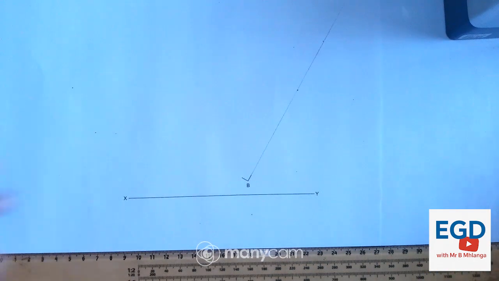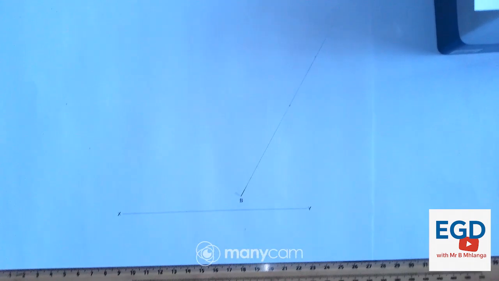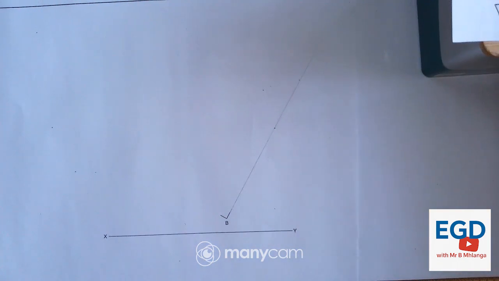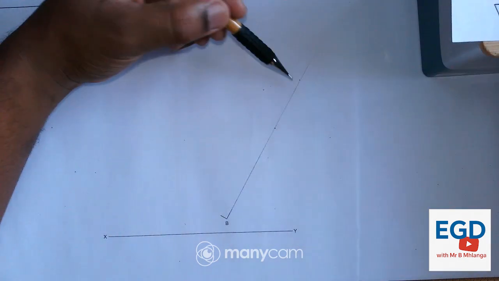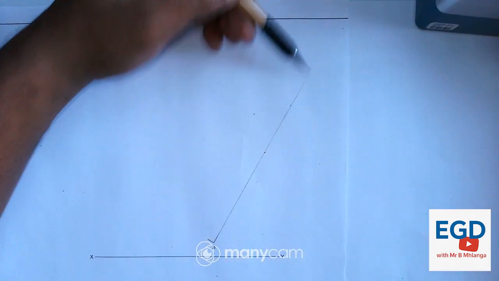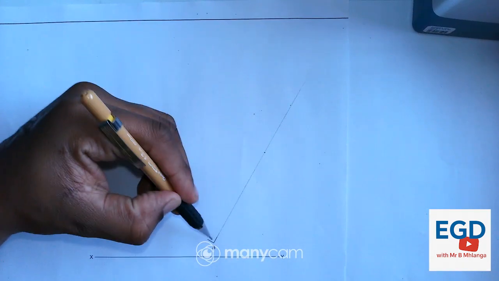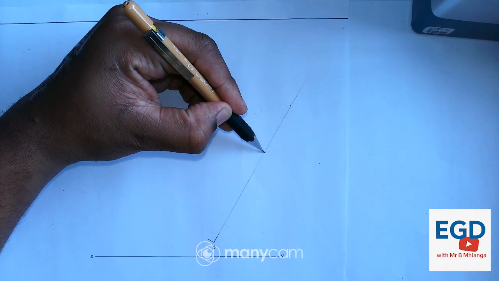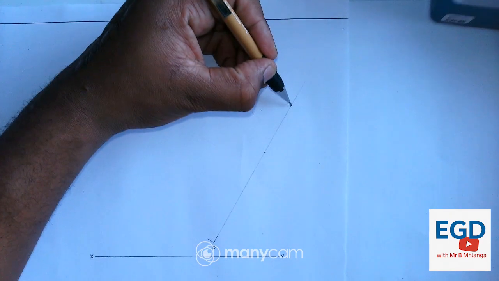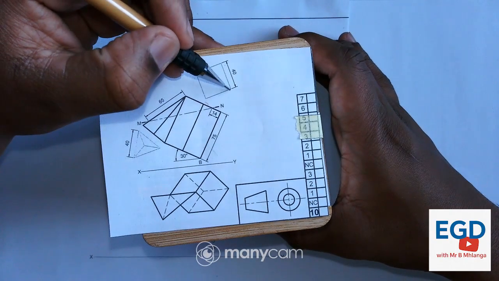So I'll just mark a point there so that I'll have enough space for the auxiliary view up there. So now it's up to me. I will start anywhere, but on this line. So because the height of the prism is right there, I'll just mark a point there. This point, it's this one, right?